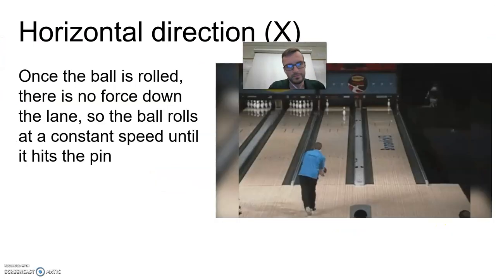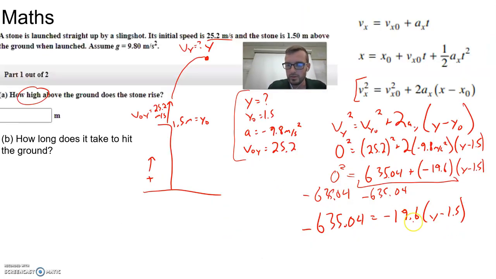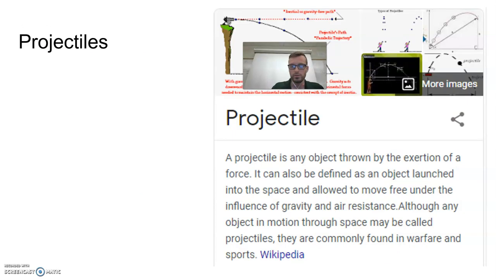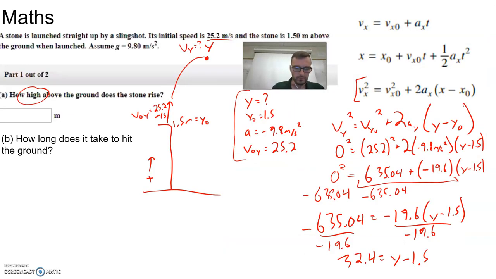The next step would be to divide both sides by negative 19.6. 635.04 divided by 19.6 is 32.4, equals y minus 1.5. Add 1.5 to both sides, and we get our final answer here. How high above the ground does the ball go? It goes to a height of 33.9 meters.